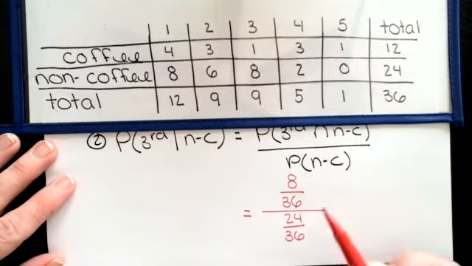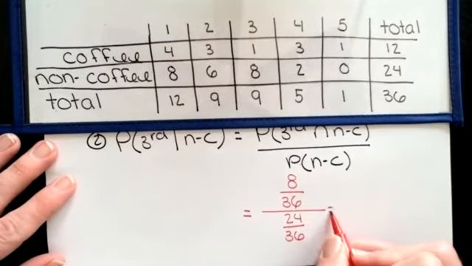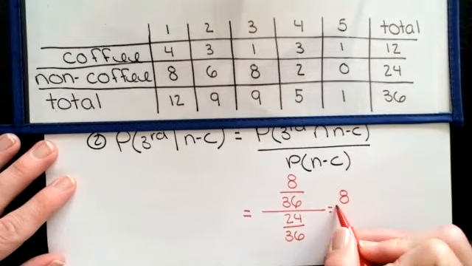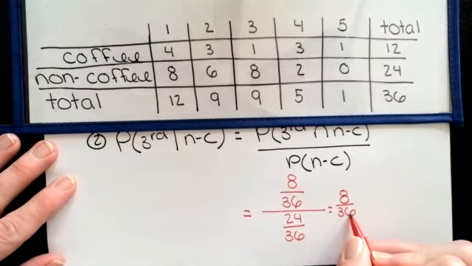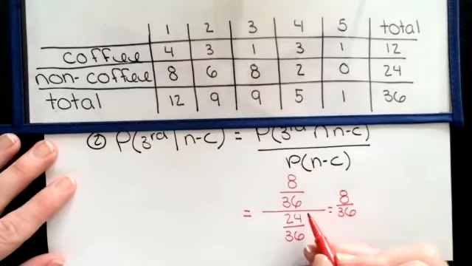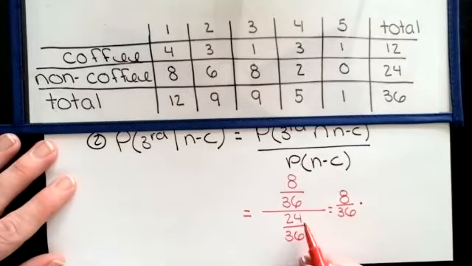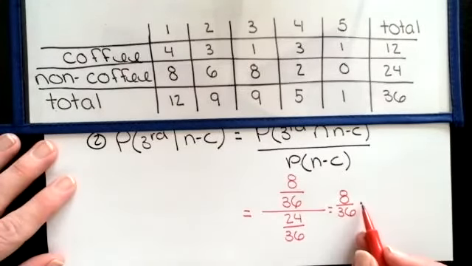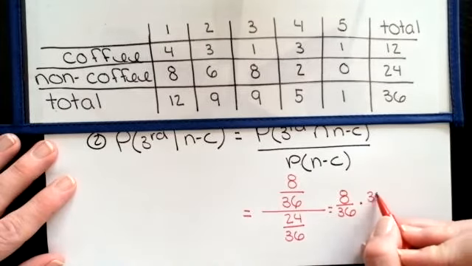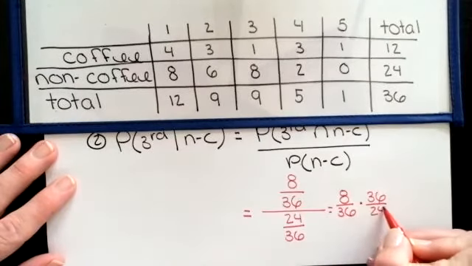Now when I'm doing this, I have to go back to algebra class and remember how I handle this. I'm going to keep my first fraction, the top fraction, the same as it is, 8 out of 36. I'm going to change this division to multiplication, and I'm going to flip this bottom fraction, and so I'm multiplying. So it'll be 36 over 24 now.